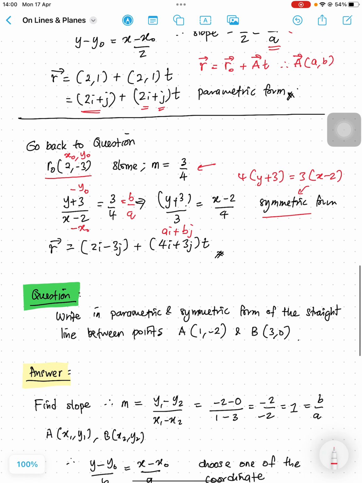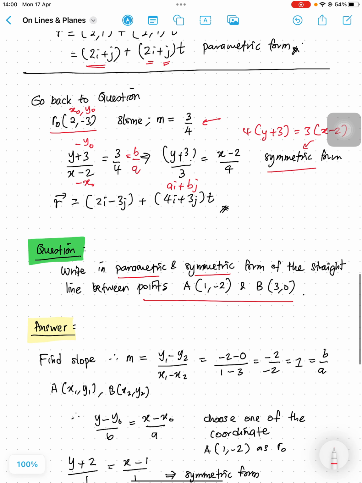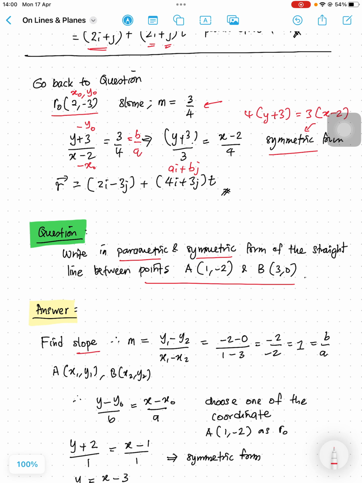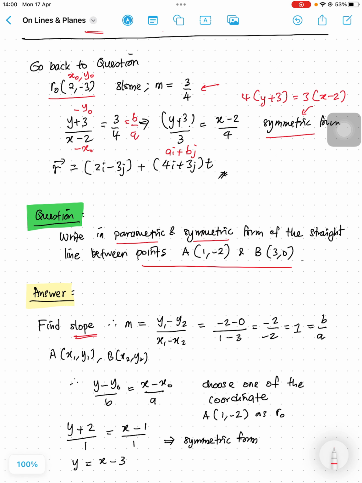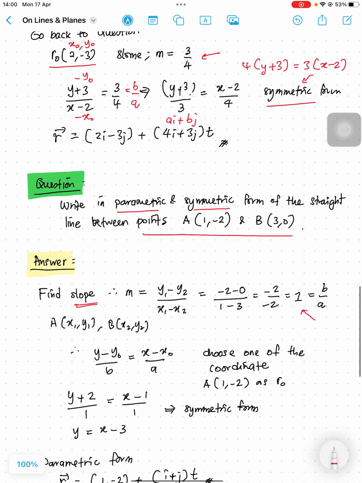Next, for another example, we can write a parametric or symmetric form of a straight line, but you are given 2 points. So what is not known over here? You need to find the slope. So the slope, you have to use 2 points, and then you just choose accordingly. So you arrive at your m is just equals to 1. So you choose one of the coordinates.